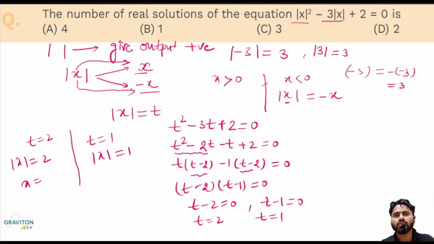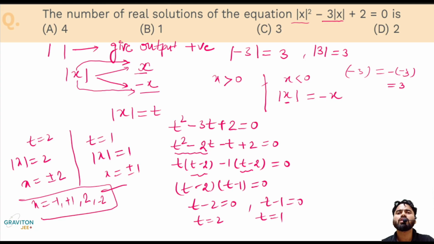From here x equals plus or minus 2, and x equals plus or minus 1, because if you put minus 2 inside the modulus it gives 2, and plus 2 also gives 2, similarly in the other case. So we get x equals -1, +1, 2, and -2. There are 4 possible real solutions, so option A is correct.